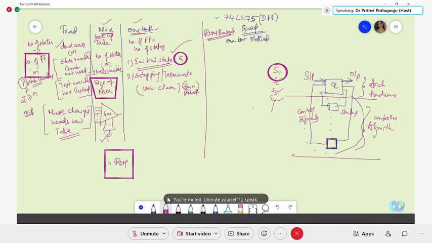ROM will be having address lines and outputs. Based on your address, you will be getting the set of outputs, and this we divide into the outputs of the design and the feedback elements.